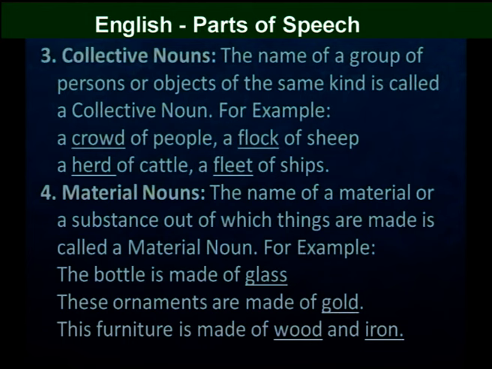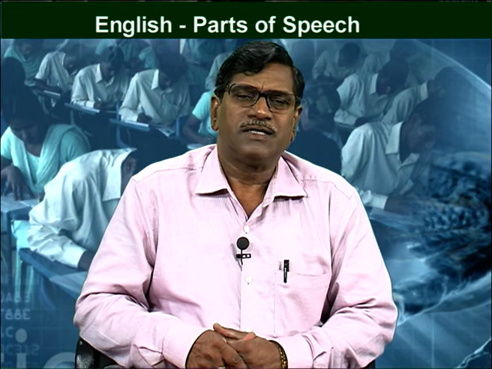The underlined words glass, gold, wood, iron are all material nouns. These are the four varieties of concrete nouns.